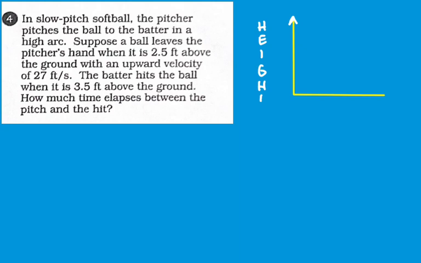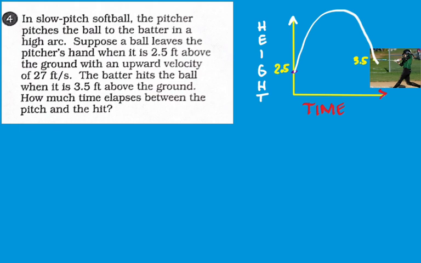So let's talk about the slow pitch softball player. The ball is being pitched. I'm going to say the ball is being pitched from the y-axis because it's the beginning. It's a slow pitch, so it's like this high pitch in the air. It releases from the pitcher's hand at 2.5 feet above the ground, because they slow it down by their thigh and then it comes by their knee.